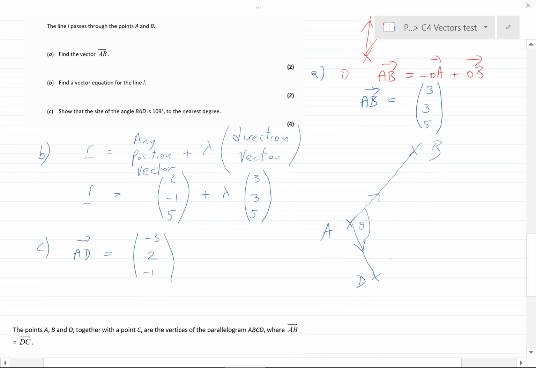So we've got AD and we've got AB, so we've got these 2 vectors here, and that's where we're going to use the dot product. So basically the cos of the angle in between, angle BAD, is equal to the dot product of AB and AD over the modulus of AB times the modulus of AD.